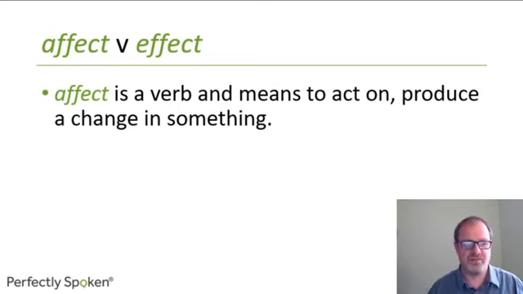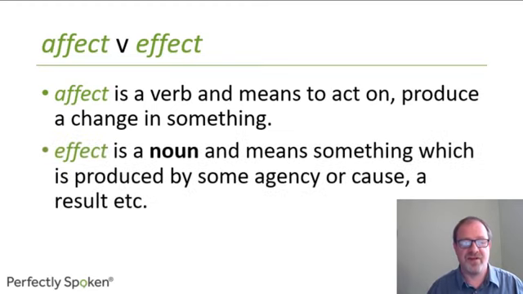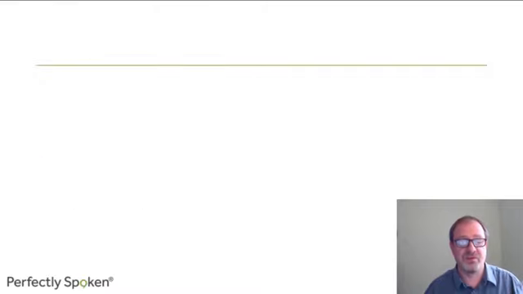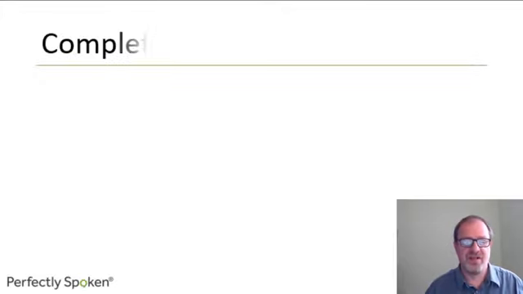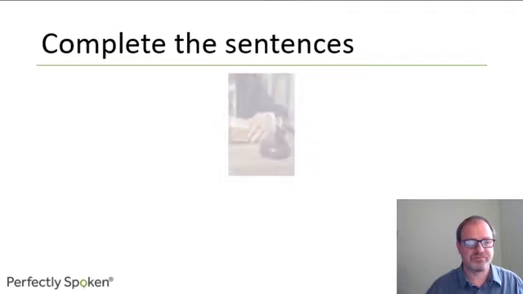Whereas effect is the noun and it means something which is caused or produced by some agency, a result, etc. So effect is what happens as a result of being affected by something. So affect's the verb, effect is the noun. You'll be familiar with special effects in cinema, where they use CGI, computer-generated images and so on.